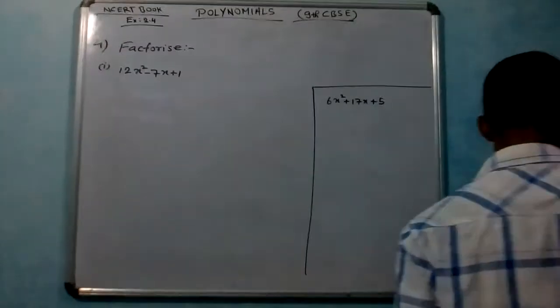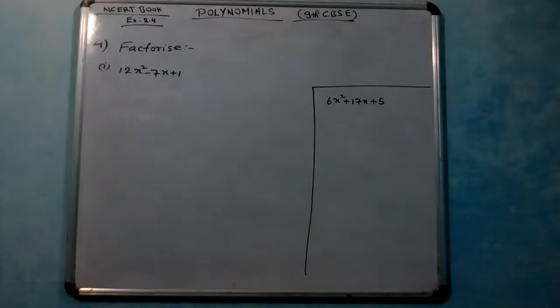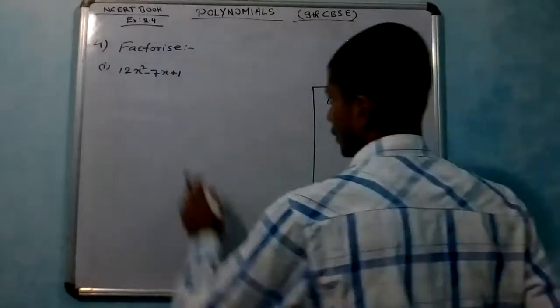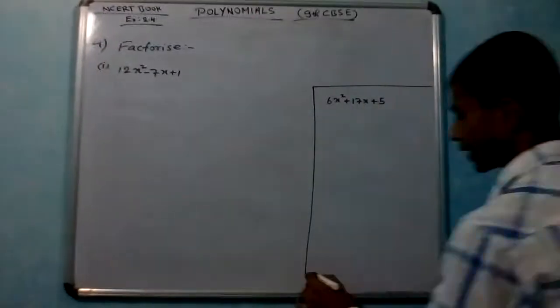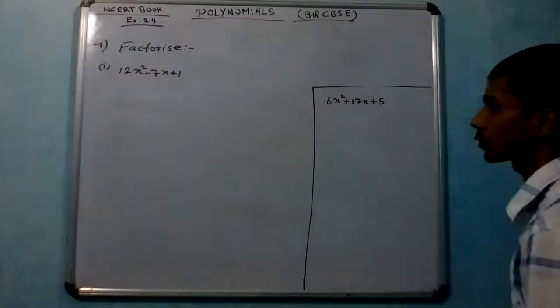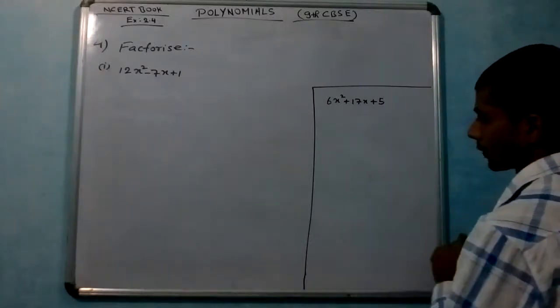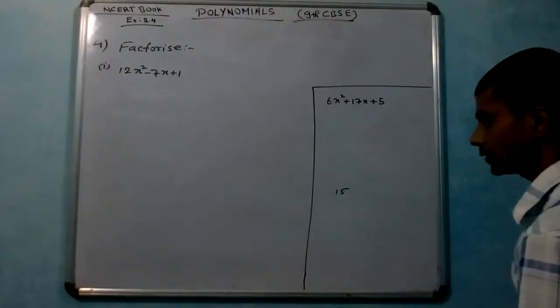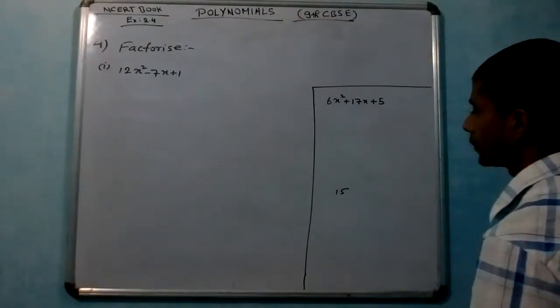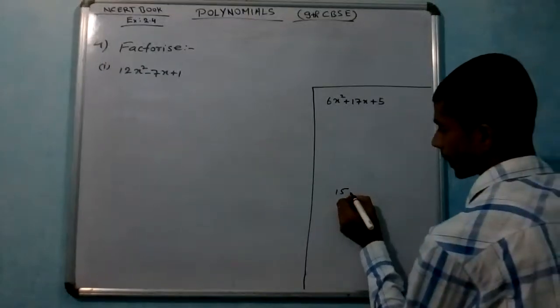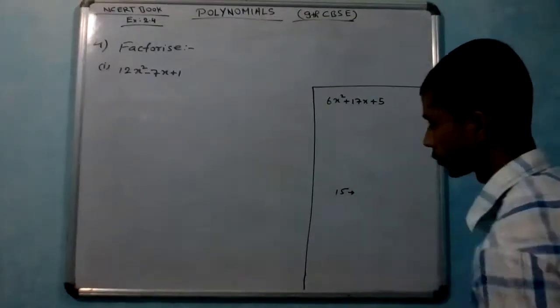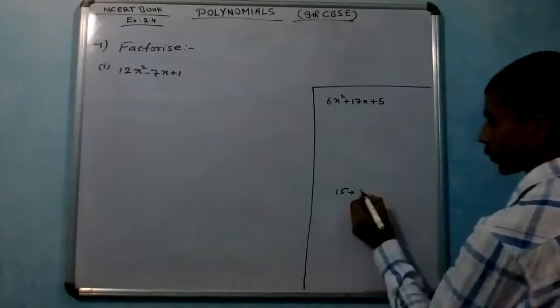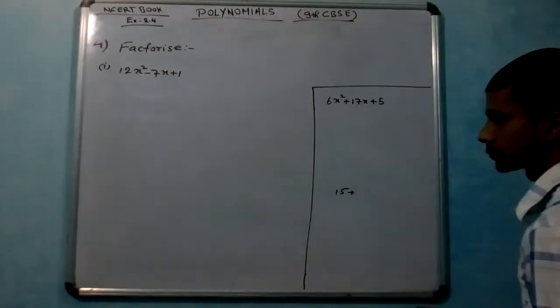What have I written? So factorize means get the factors, all the factors. For example, if I have 15, what are the factors of 15, you know? 1 is a factor or not?